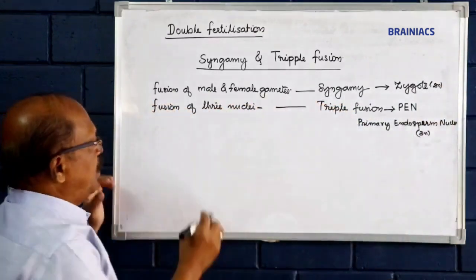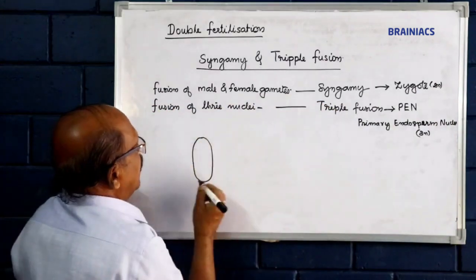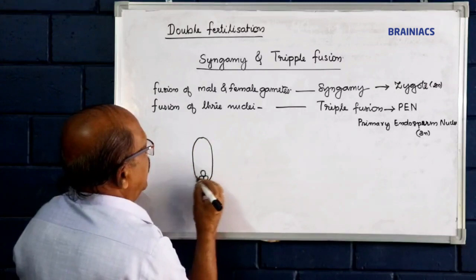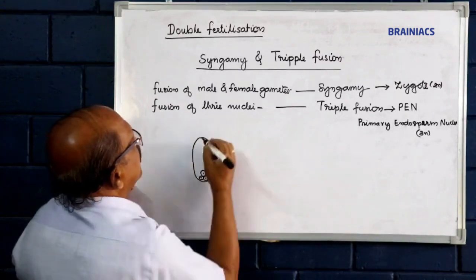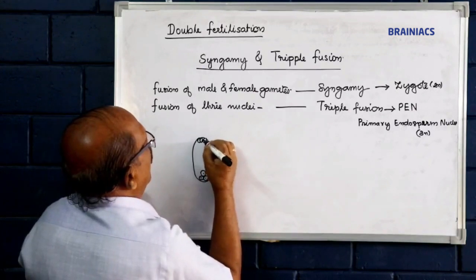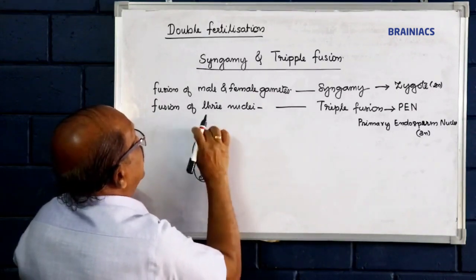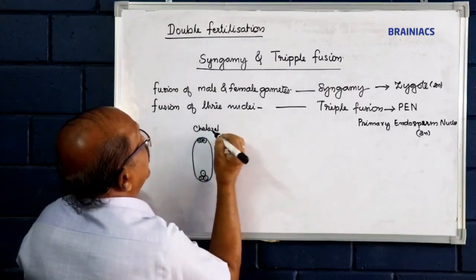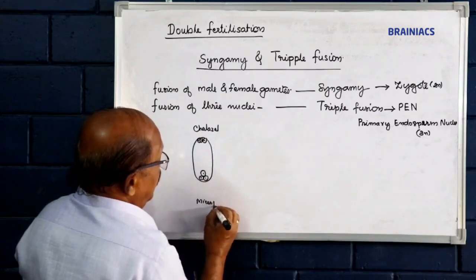So, we know the embryo sac has synergids and an egg cell at the micropylar end, the polar nuclei, and the antipodals at the chalazal end. This is the chalazal end, this is the micropylar end.